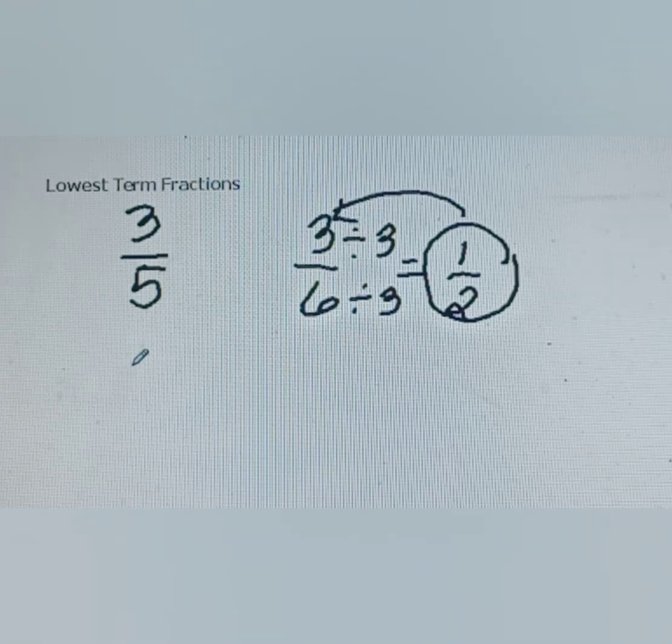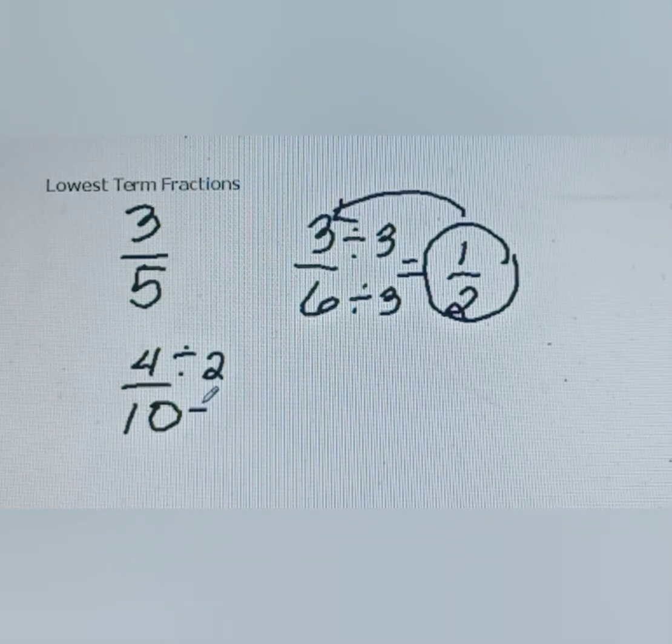Let's have 4/10. What can you divide 4 and 10 by? The biggest. Be sure to use the biggest number. You can divide them by 2. Yes, the biggest is 2. So let's divide them by 2. Okay, what do we get? 4 divided by 2, that's 2.